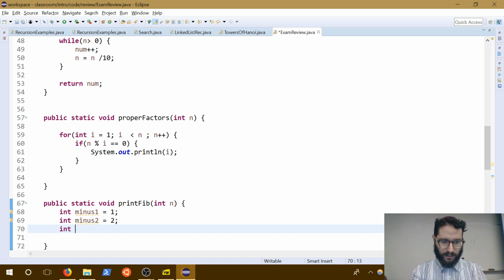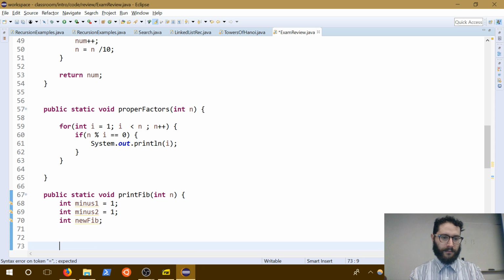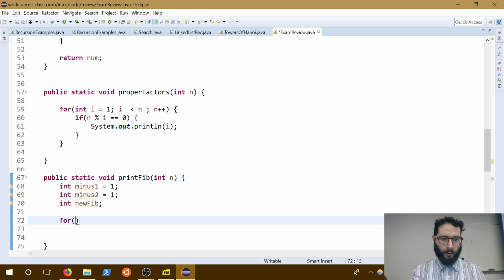And then int newFib is equal to, and then we'll just create a new fib over here, a variable to hold the new Fibonacci number. For int i is equal to, so these are the first 2 Fibonacci numbers.